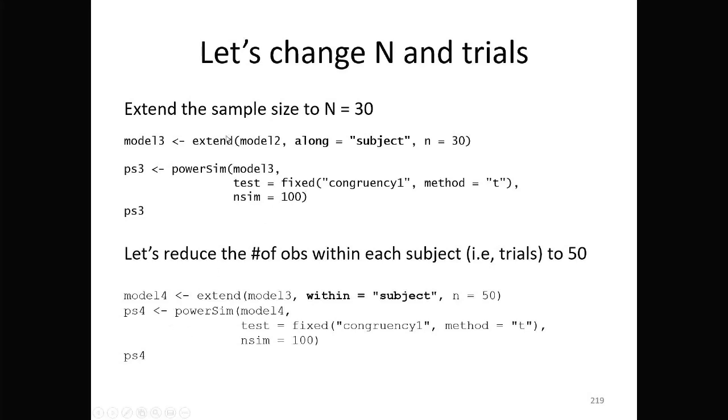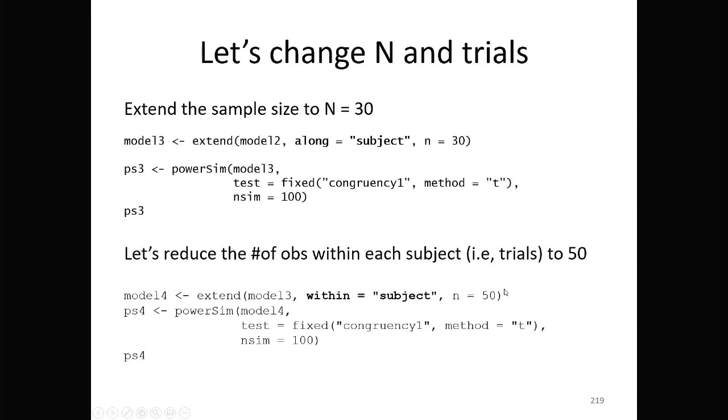Each time I created a new fitted object from the previous one. So this will be a situation in which our effect size is 10 milliseconds and we have 30 subjects, and this will be a situation with the same 10 milliseconds, 30 subjects, but only 50 observations by subject. I think the original was like 1,000 observations by subject.